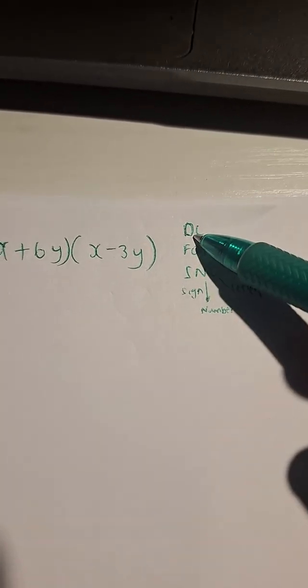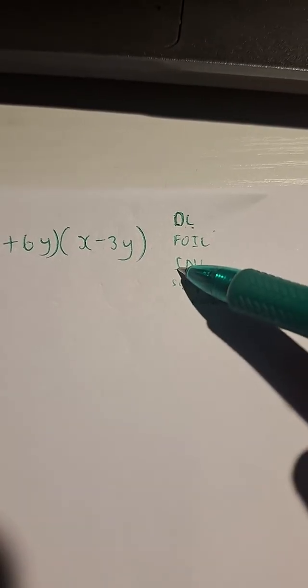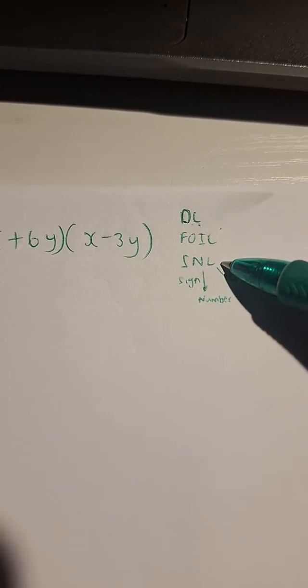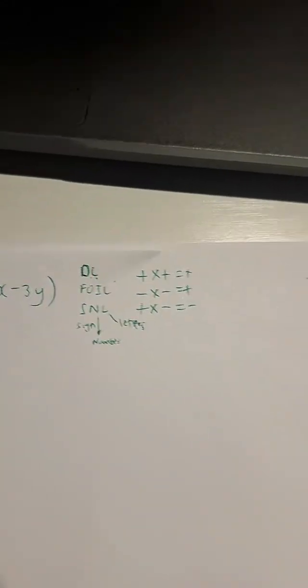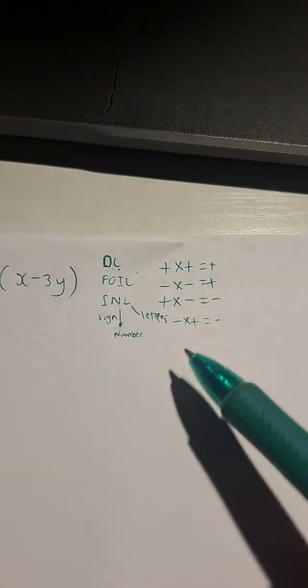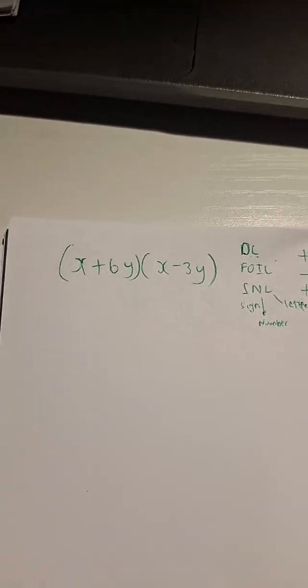As we distribute, we make sure the signs are multiplied, the numbers are multiplied, the letters are multiplied. Hopefully we remember that a positive times a positive is a positive, and a negative times a negative is a positive. In the same vein, a negative times a positive is a negative, and a positive times a negative is a negative. So if we know that, then this should not be too difficult.